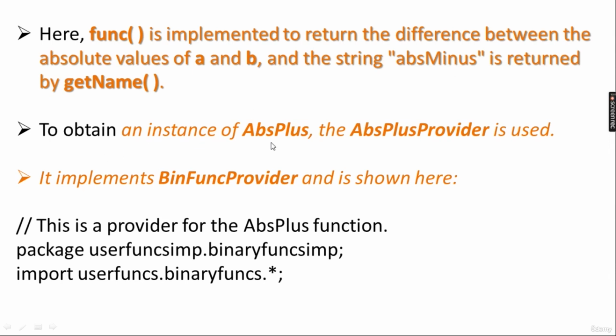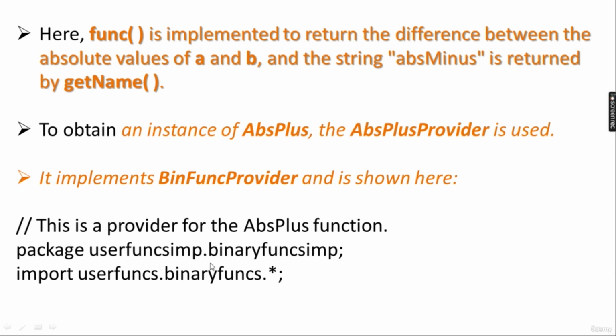To obtain the object of AbsPlus, a provider is used that will give the object of the BinaryFunction interface. So it will give you the object of AbsPlus, and it implements the BinaryFunctionProvider like below. This is the provider for the AbsPlus function.